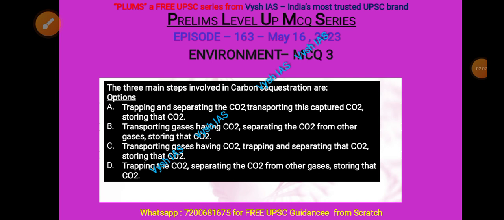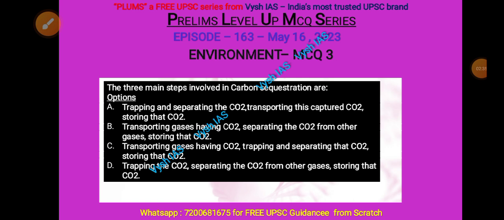Now the third MCQ: the three main steps involved in carbon sequestration. I have taught this chapter already, and it should be fresh in your memory if you have watched that video and studied well. Option A: trapping and separating the carbon dioxide, then transporting the captured carbon dioxide, and then storing it.